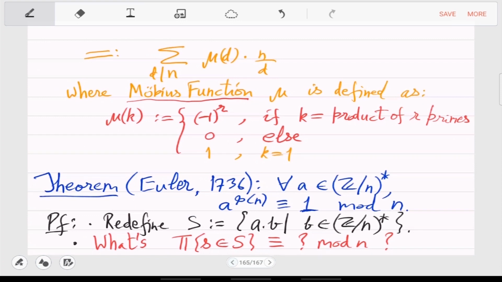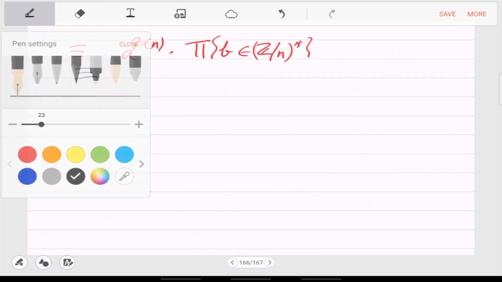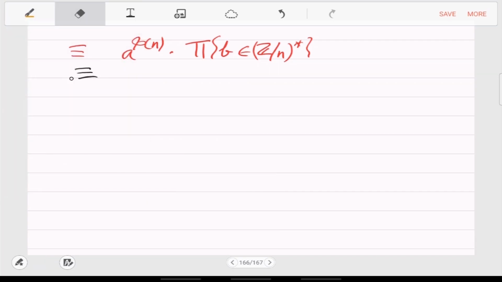Okay, so that is one side. What's the other side? How did we finish the proof earlier? So these small s, we have to prove something about them, which is that every s, can it share a factor with n?